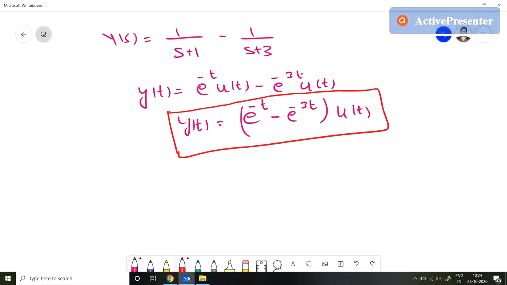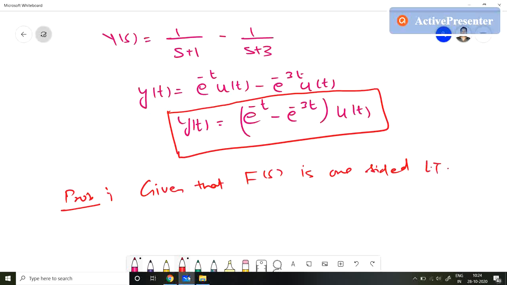So let us do another problem. It is given that F(s) is the one-sided Laplace transform of the continuous time function f(t).